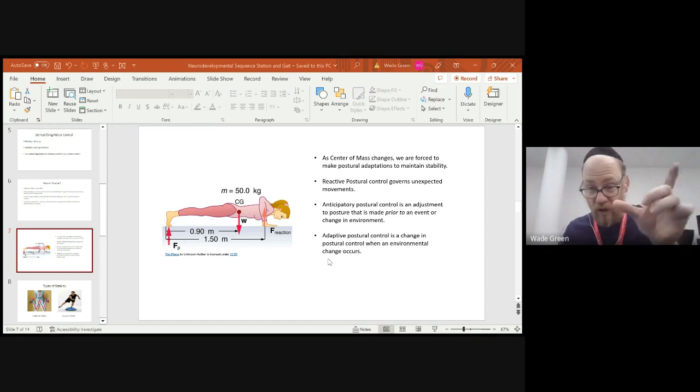So torque equals force times the distance perpendicular to the axis of rotation.